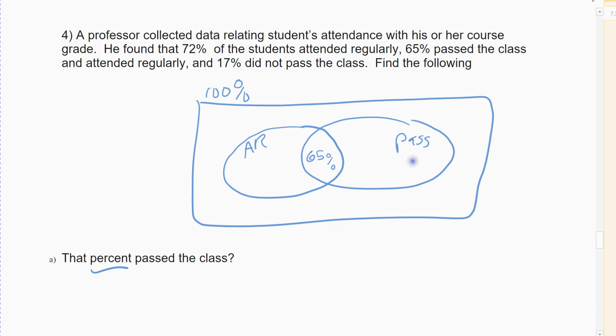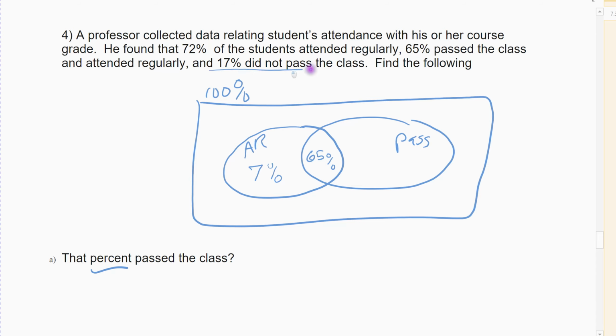65% attended regularly and passed the class. 72% of them attended regularly, which would be this entire circle. We've already counted 65%, so I take my 65, subtract it from my 72, and that will leave me 7% of the class who attended regularly, but they did not pass. They failed.